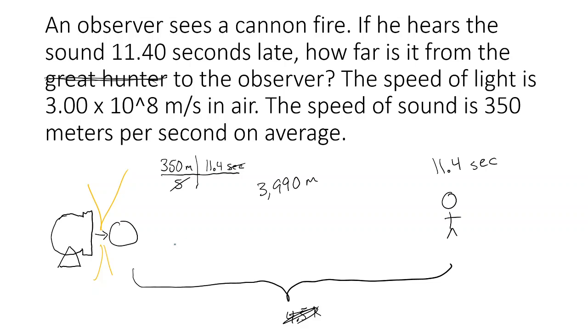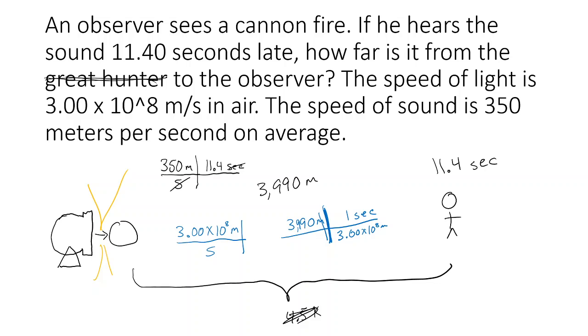So, anyways, if we know that the speed of light is 3.00 times 10 to the 8th meters per second, and we take our 3,990 meters and flip the formula a bit, 3.00 times 10 to the 8th meters per 1 second, we could find out how fast he would see this happen.